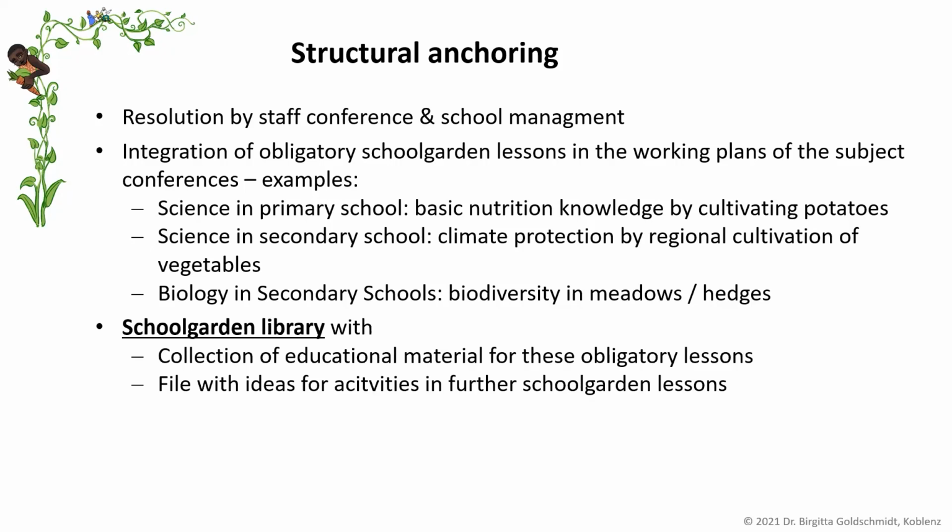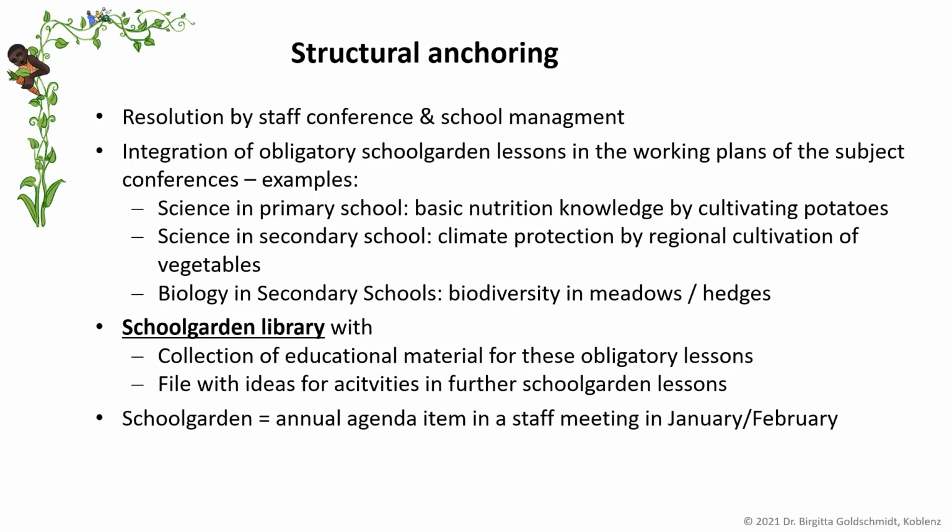Then you should have a school garden library with a collection of educational material for these obligatory sessions, and a file with ideas for activities in further school garden lessons, so that teachers who want to can easily find material and suggestions for what they can do and how they can use the school garden.